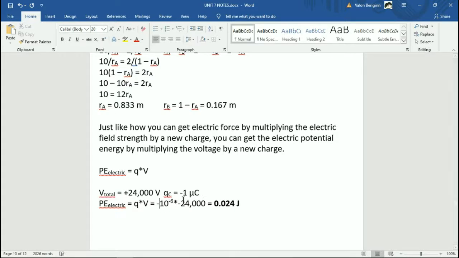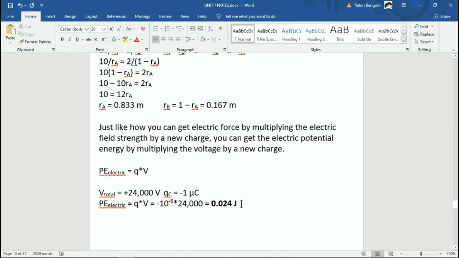In that case, it would also seem to be negative. But again, it doesn't have negative energy. It's similar to how the force's sign determined which direction it would go. This is saying, okay, it has an energy. Once you let it go, it's going to go somewhere because of its energy. Which direction is it going? But the energy itself is still a number, and the number is 0.024 joules in this example. It's not negative 0.024 joules. It doesn't make any sense. So just keep that in mind in terms of negatives.